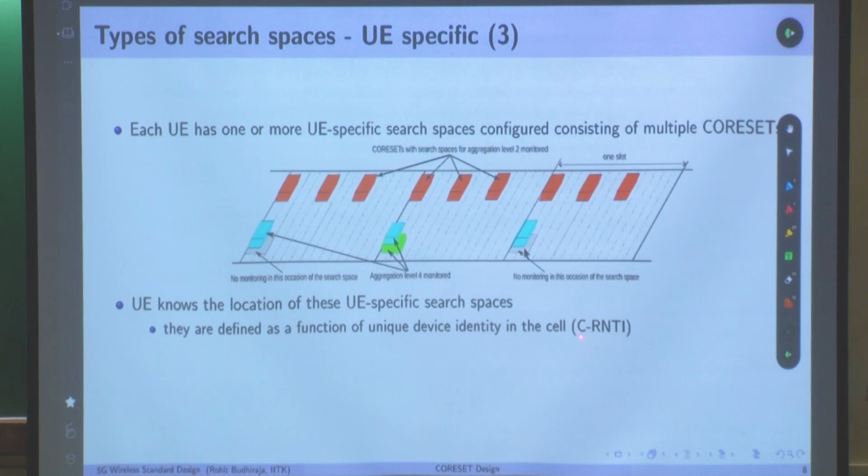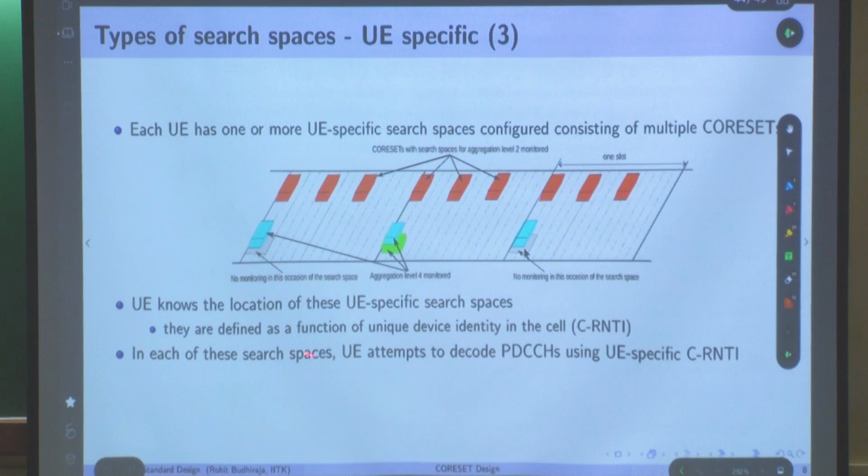Okay, this is a unique identity, radio network temporary identifier. Okay, so C is, I think, cell or something. Okay, so C-RNTI. So in each of these search spaces, the UE attempts to decode PDCCH using the UE specific C-RNTI.